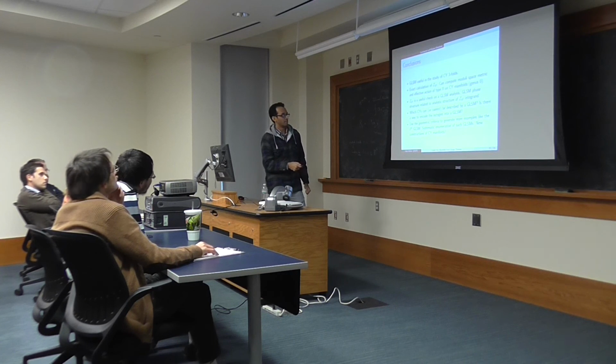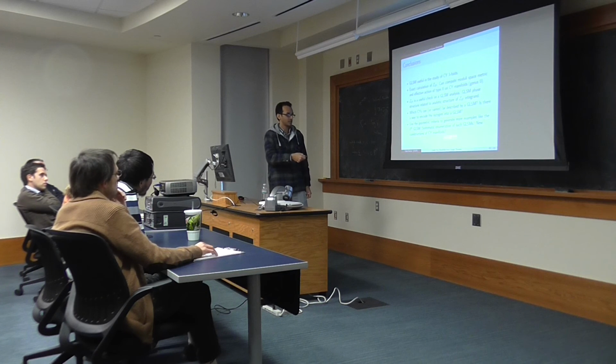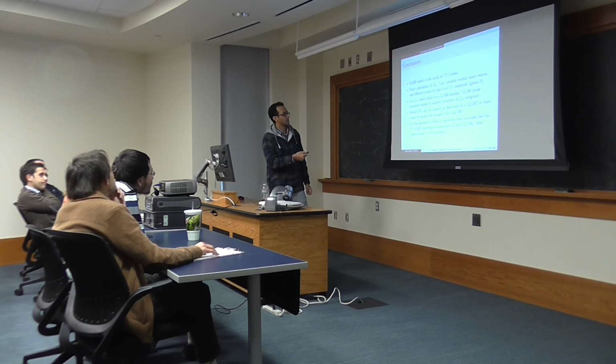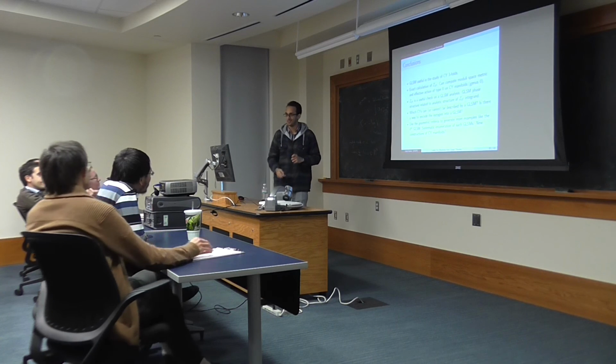And what I hope is that then you can get a set of candidates, okay, that could be large volume phases. And then you can analyze those GLSMs in greater detail, and hopefully you can come up with new constructions of Calabi-Yau manifolds that are not already known. And then, I just summarized the rest of the talk. So I'll end here. Thank you.